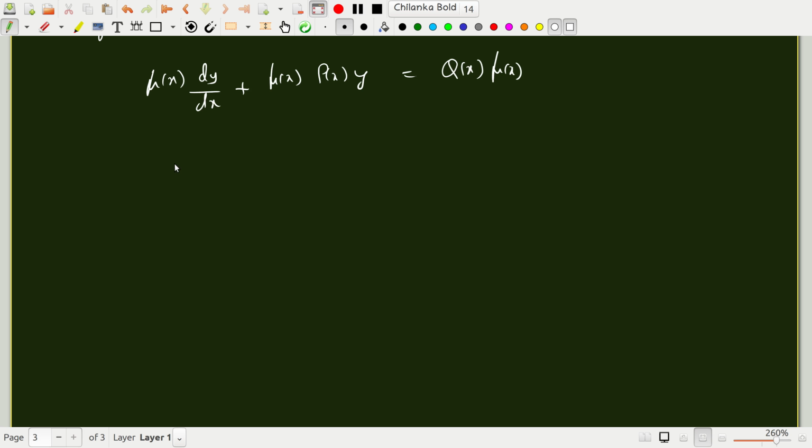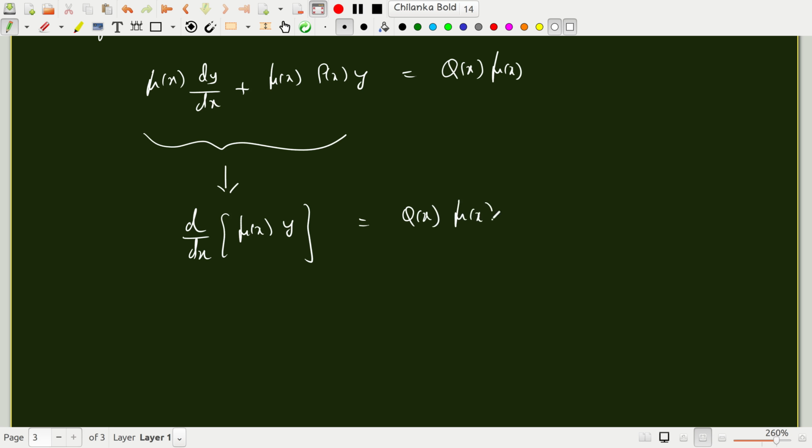I don't know what mu of x is yet. I want to be able to write this as d dx of mu of x times y is q of x times mu of x. So if I expand this, d dx of mu y gives mu dy by dx plus y d mu by dx, and this should be the same as mu dy by dx plus mu p y.